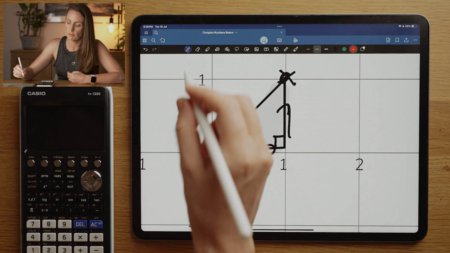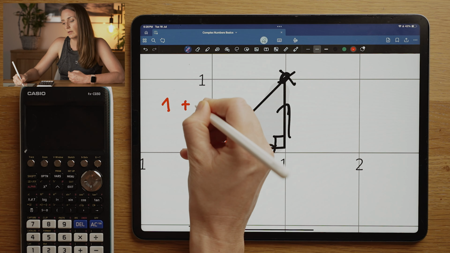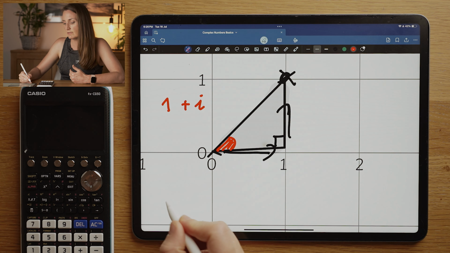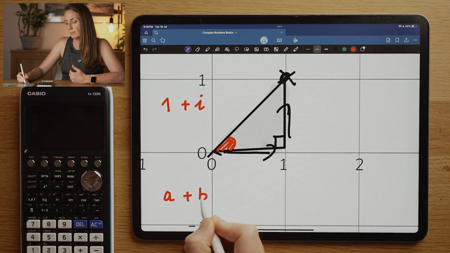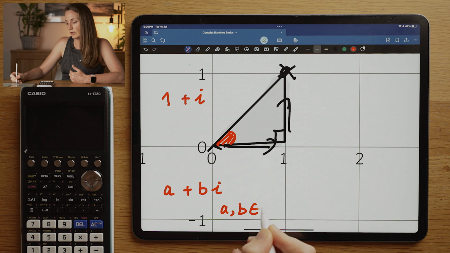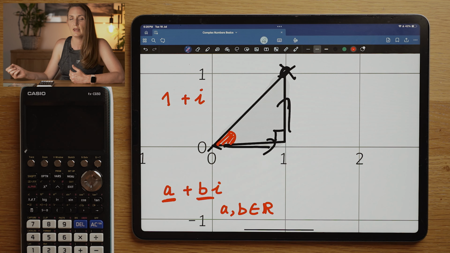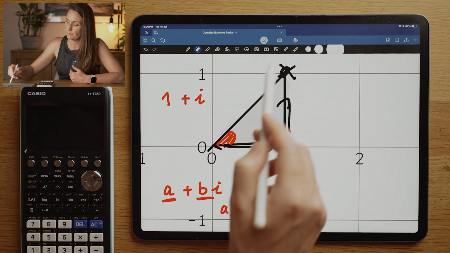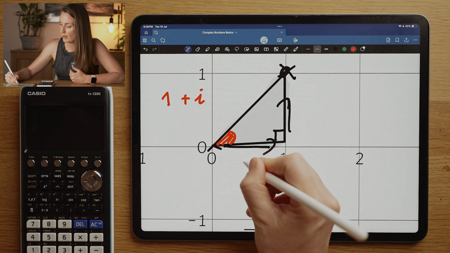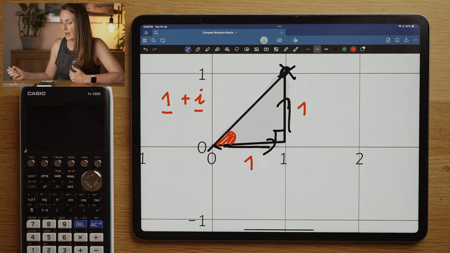Now the complex number I started with, which was in rectangular form, was 1 plus i. Rectangular form means that the number is in the form of a plus bi, where a and b are real numbers. So you have usually a real part and an imaginary part. So in this case here, I have 1 on the real axis and 1 on the imaginary axis.